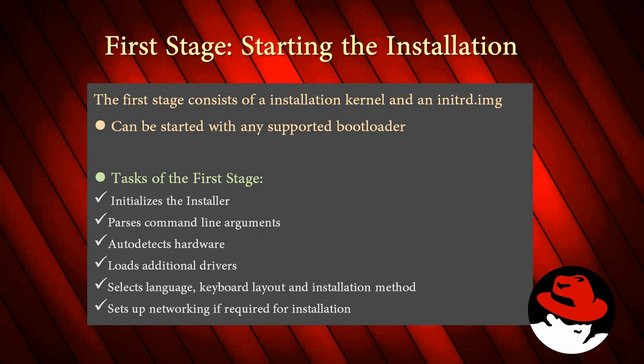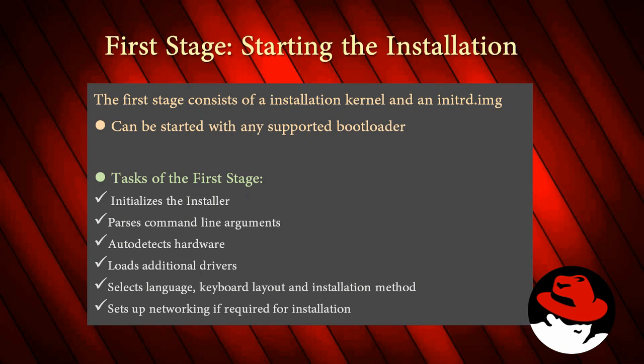The task of the first stage is to initialize the installer. It parses the command line arguments. Parsing means, if you have learned about compiler design, there are tokens, parsers, the syntactical analysis phase, the parsing phase of detection of a programming language or commands. The parsing is done with this stage.